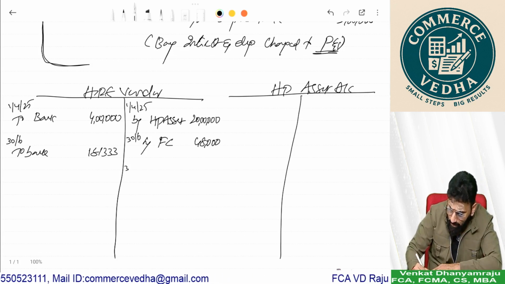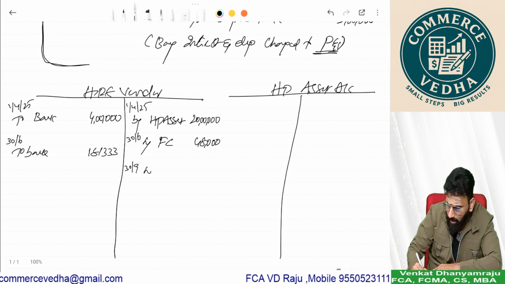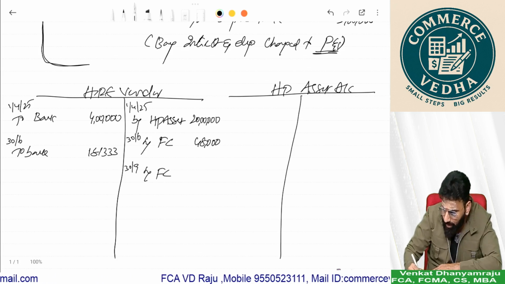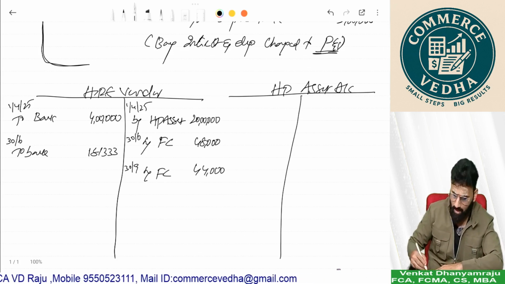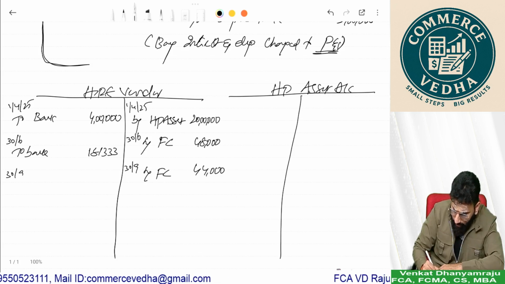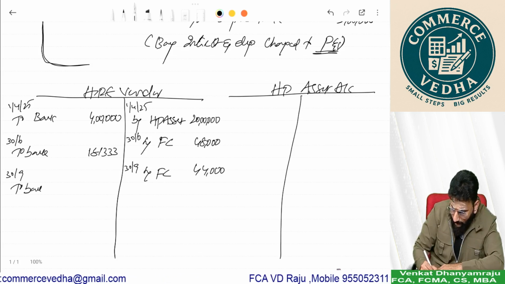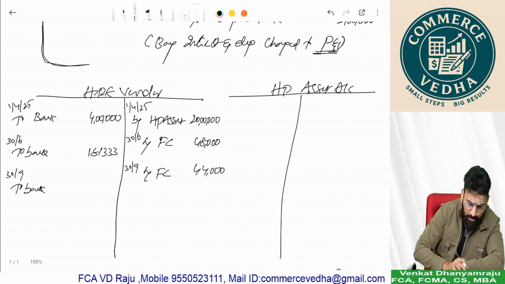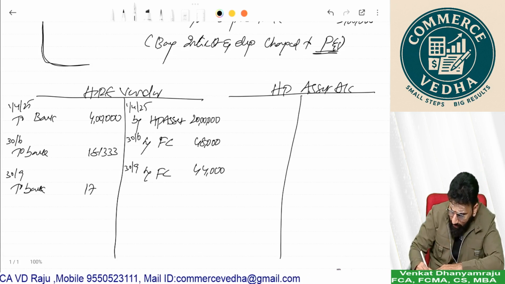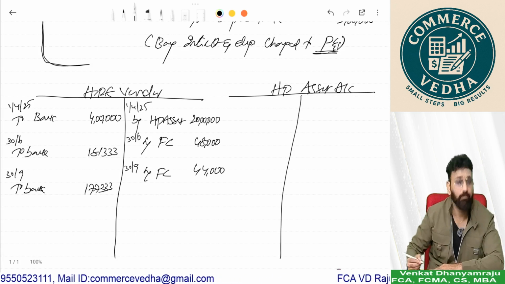And on 30th September you again have interest due 44,000, and on the same day you paid bank 44,000 plus 133,333, 177,333.